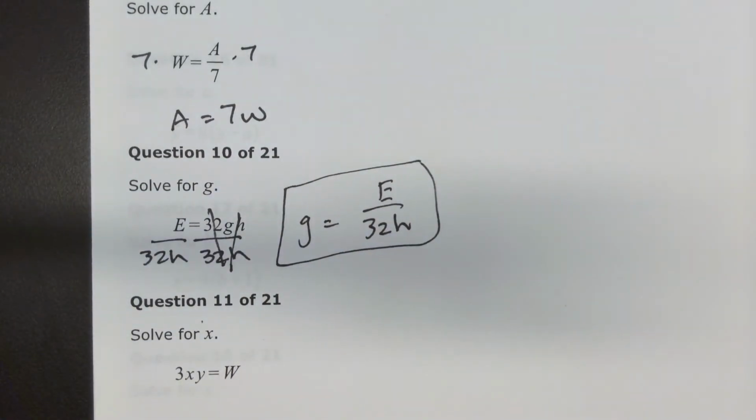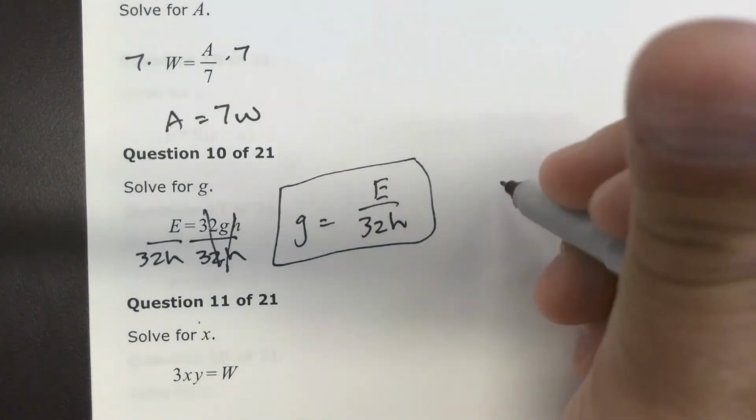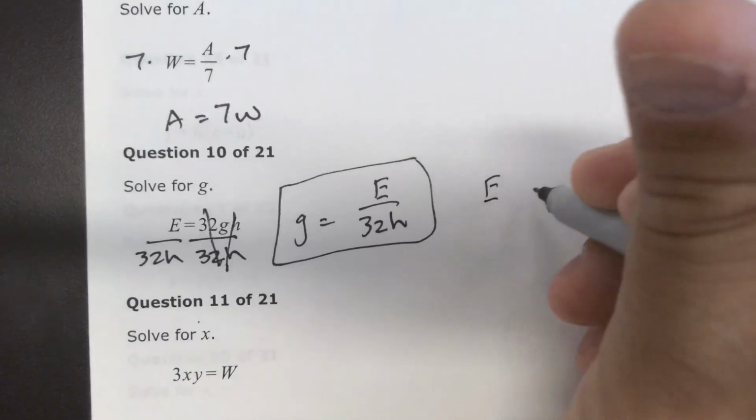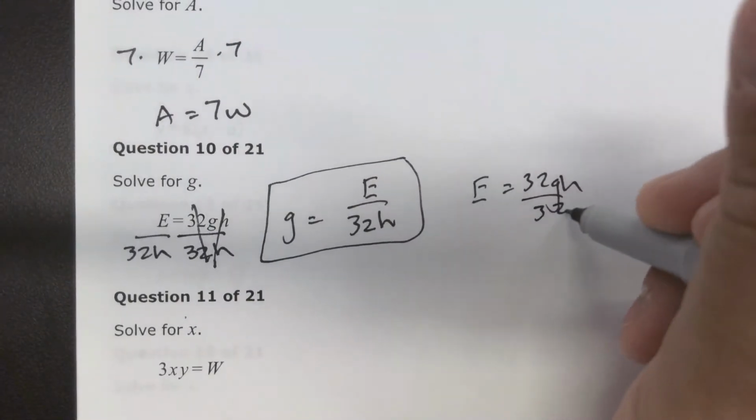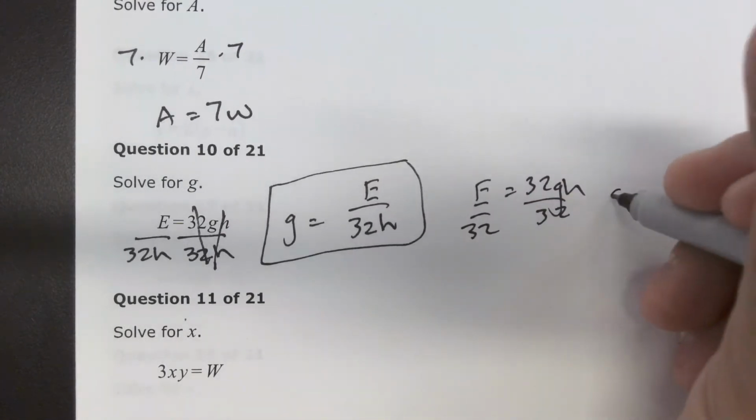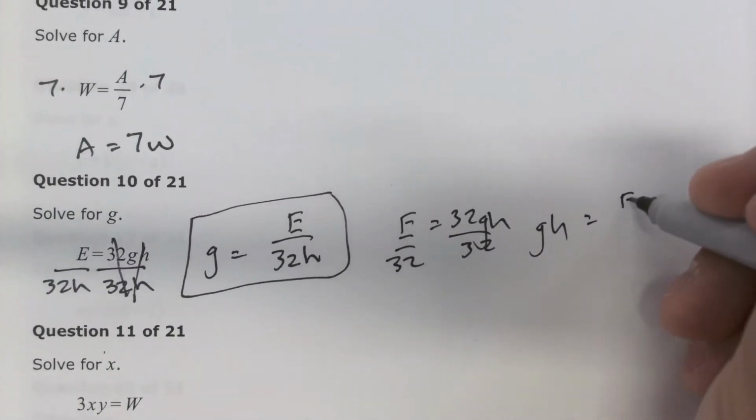Do not do it like this. I see it every year I teach this. I see this problem and I see kids go, well, this is easy. Here's the beginning problem. And kids will go, divide both sides by 32. Great. Now we have GH equals E over 32.